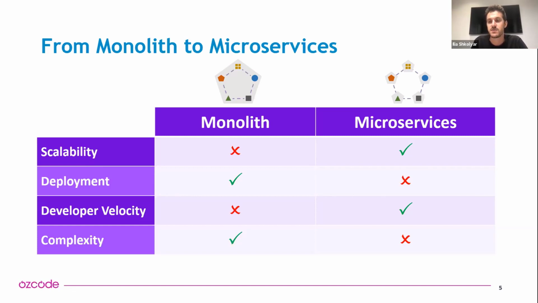And as a developer, or a company that starts and wants to think about their solution, you need to consider the different aspects. You can speak about the differences, and it's a topic for multiple webinars. But we've covered four main topics, so we can discuss it at a high level, which is really scalability, deployment, developer velocity, and complexity. And we can dive in and talk about each one.